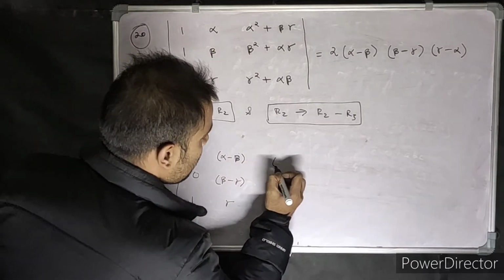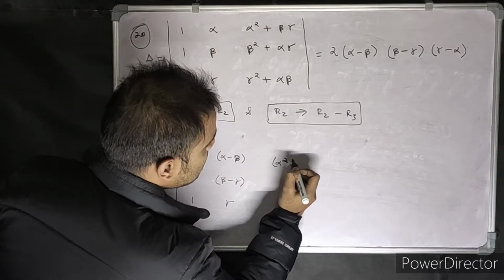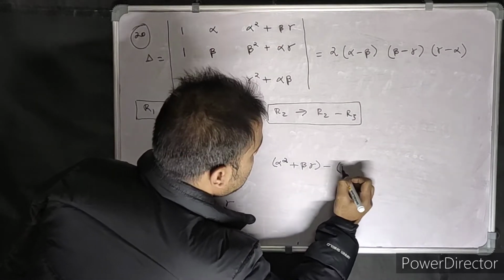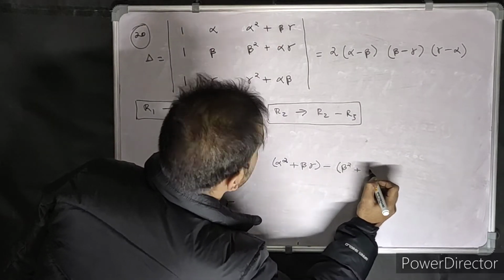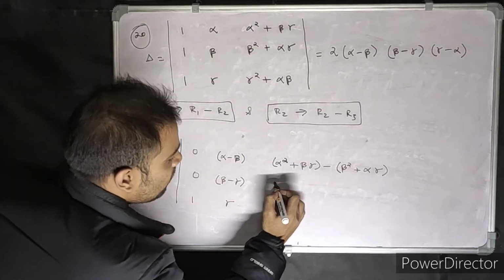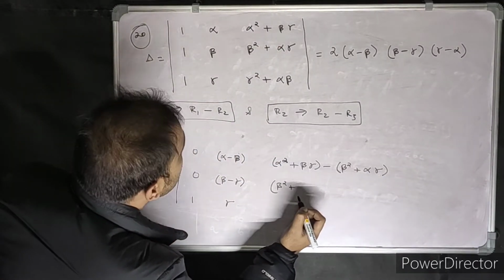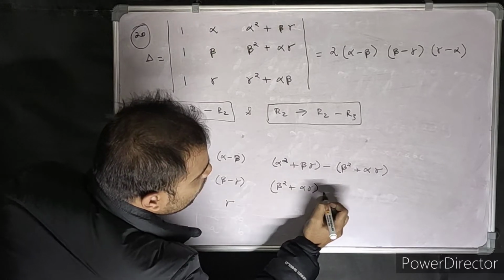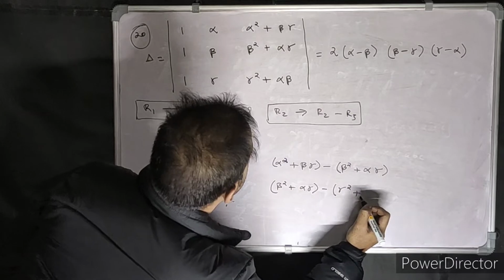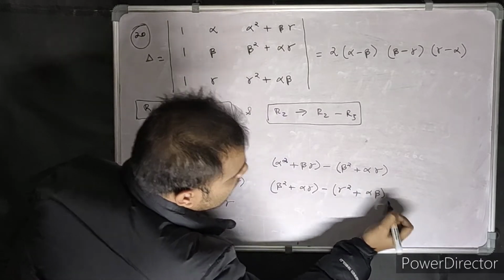Next you have alpha square plus beta gamma minus beta square plus alpha gamma. Then the next you have beta square plus alpha gamma minus gamma square plus alpha beta.